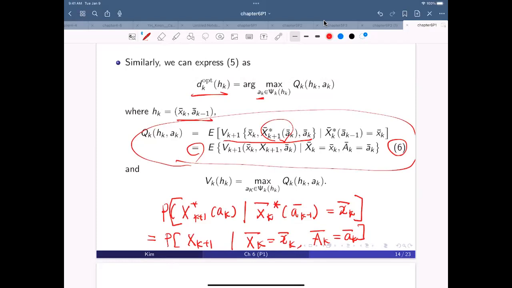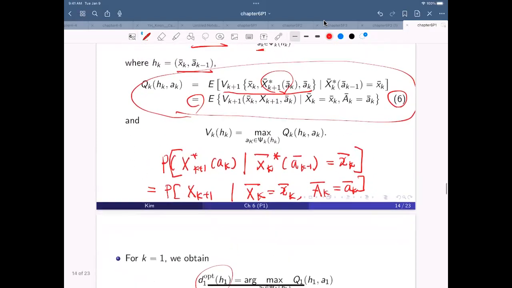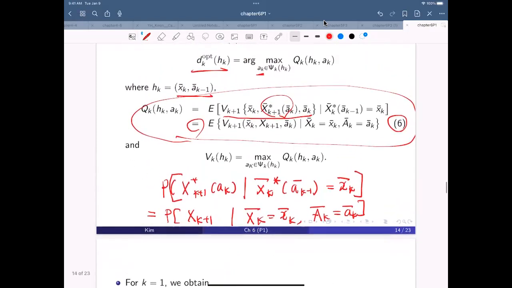So this is a function of a that makes the problem more difficult because of this nature.